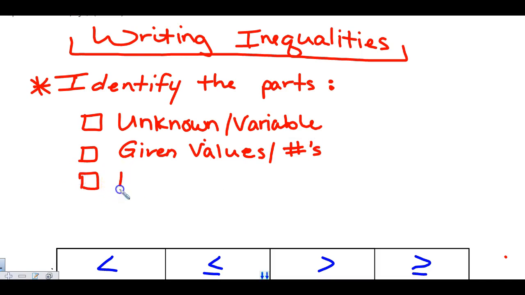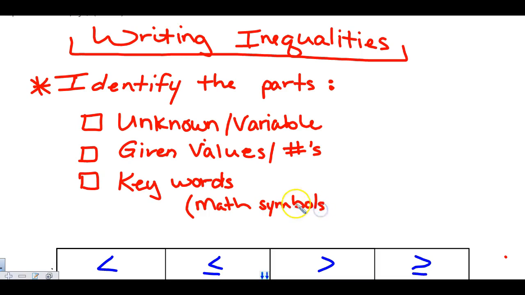And last but not least, we're going to have to identify and understand keywords that go along with inequalities. This is where it will vary. The keywords are going to help us figure out which math symbols we're going to use, and possibly in which order as well.